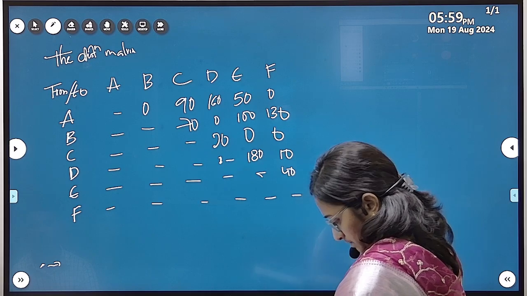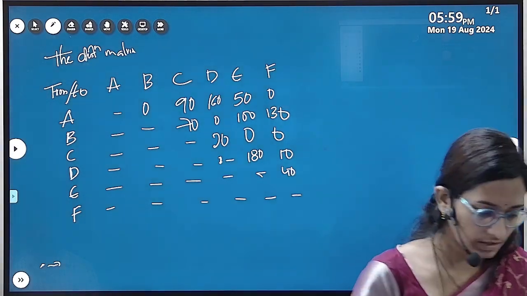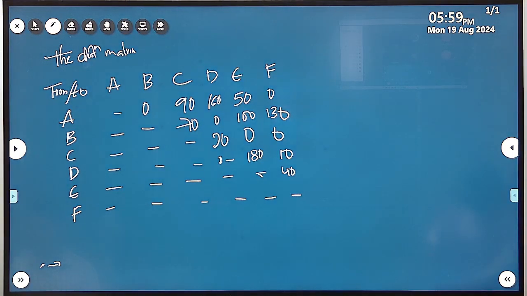How has this question been done? This is done differently. One minute. One second, I will tell you. They are doing it differently, I think.